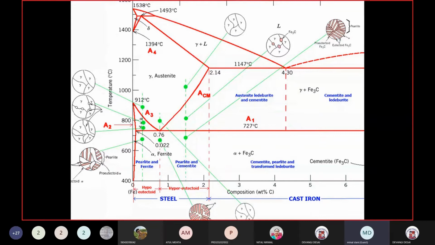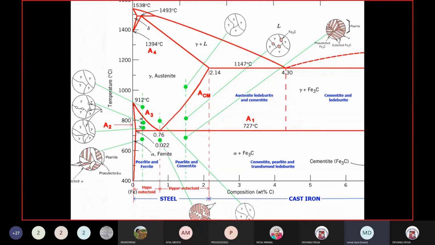In plain carbon steel also there are three categories: low plain carbon steel, medium plain carbon steel and high plain carbon steel. For the low, the carbon range is up to 0.25 to 0.3. So from 0 to 0.25% carbon, that steel is categorized as a low plain carbon steel.